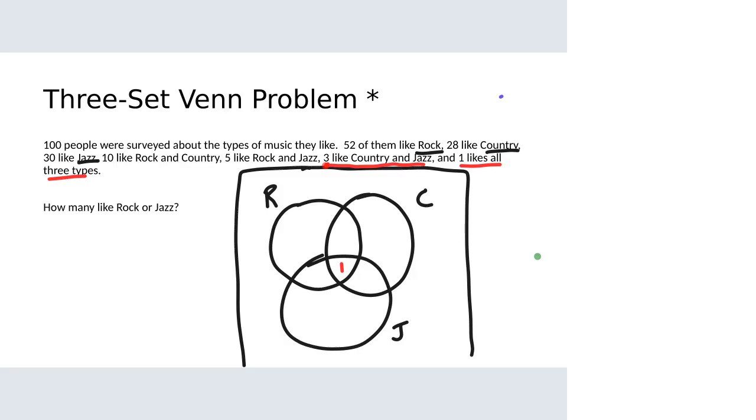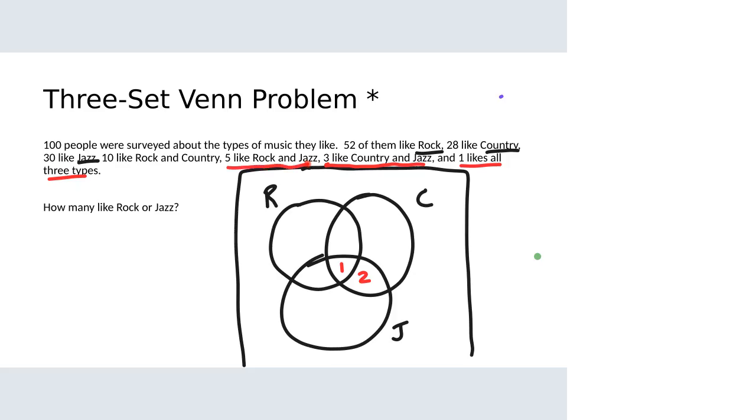So I'm not going to put a 3 into region 6. I'm going to put a 2 because I already have 1 in there. I need a total of 3, so 2 more go in. That is the main idea with putting these numbers in the regions. If you have any trouble with that, let me know and we'll get that cleared up.